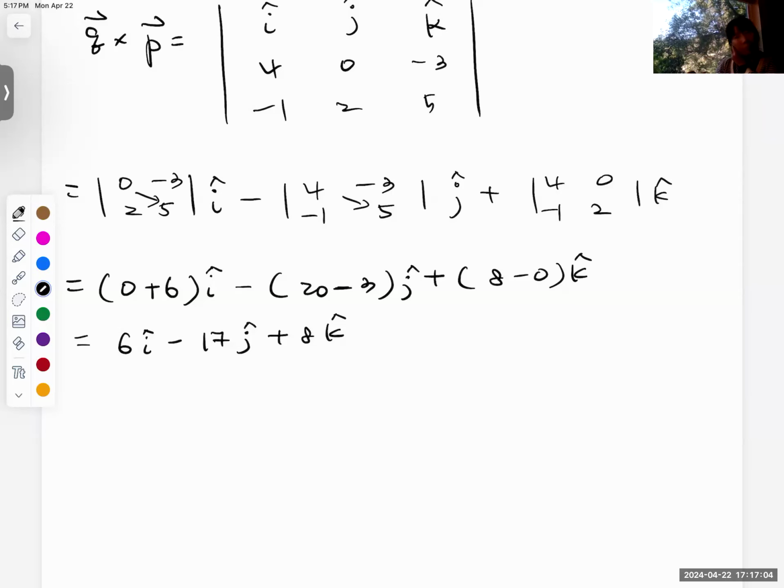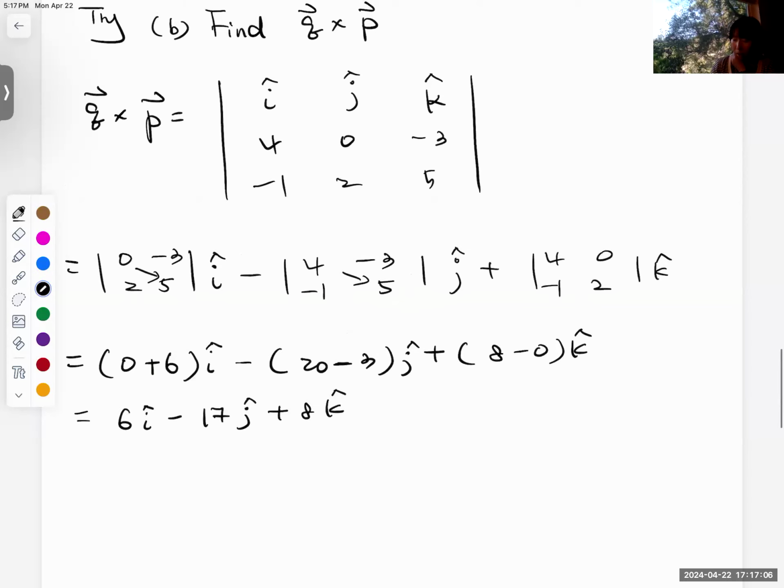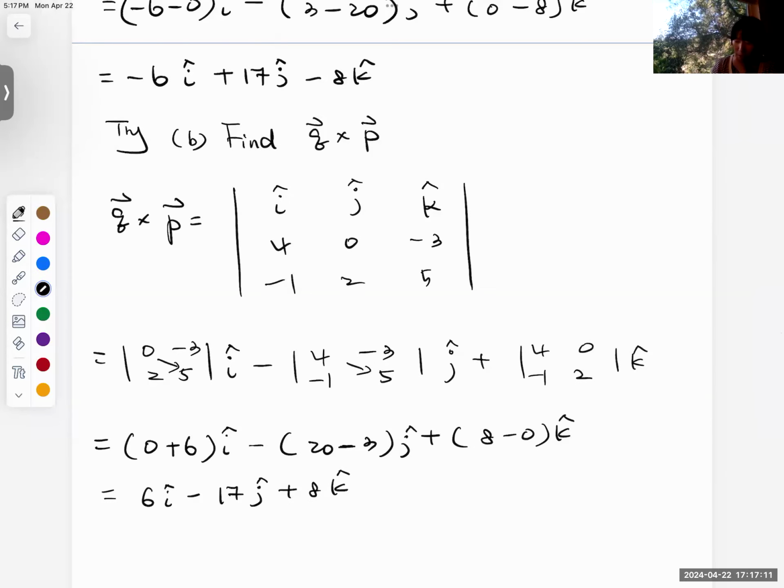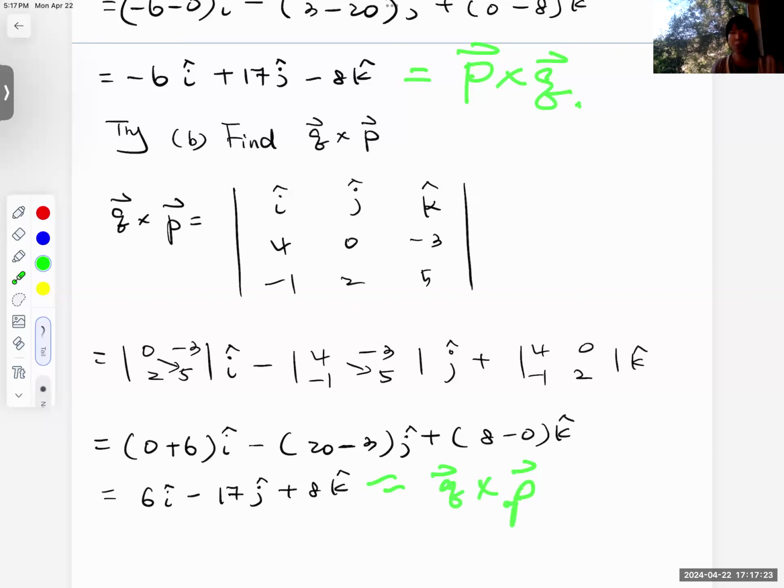Okay, now, what do you think about this one? Can you take a look? So this is the cross product of P and Q. This is the cross product of Q and P. What can we summarize? So write down in the chat, or you can talk, or private DM, direct message. Yes? What do you think about this one? How do we conclude?